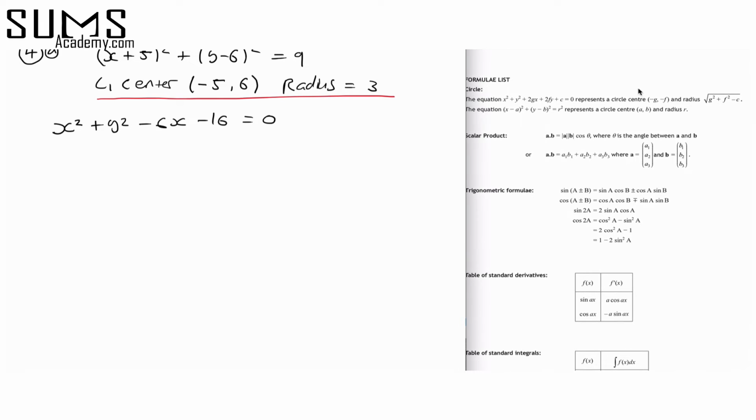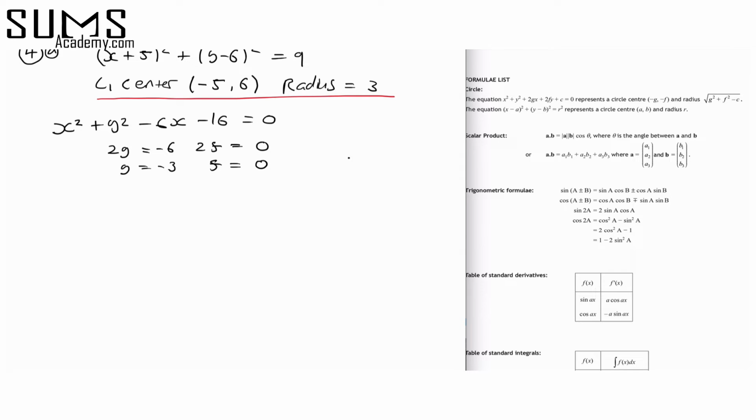So we can say 2g is equal to −6, so g is equal to −3, and 2f is equal to 0, so f must be equal to 0.